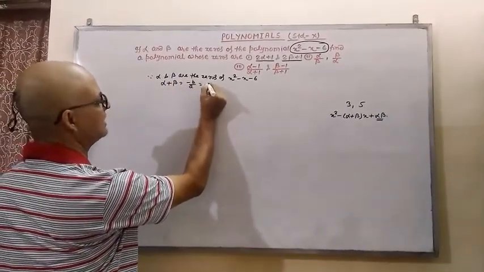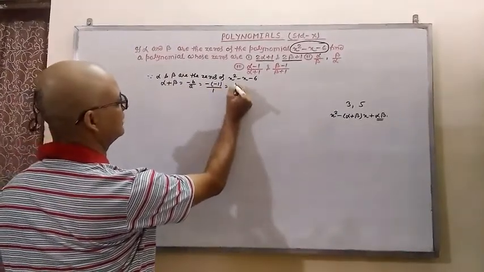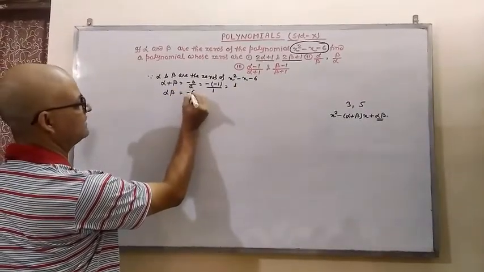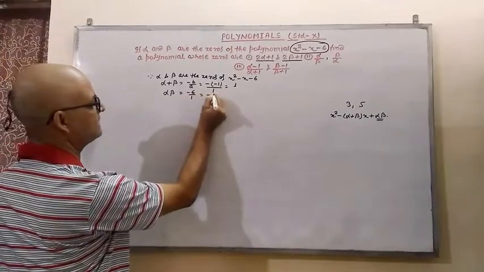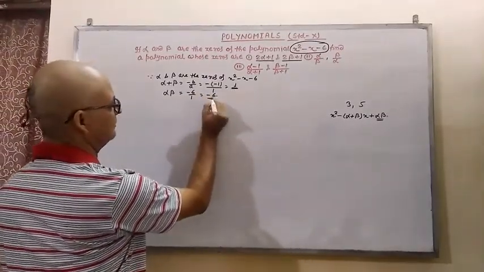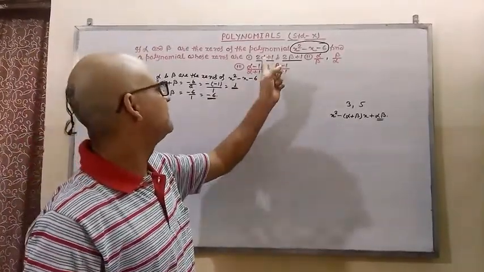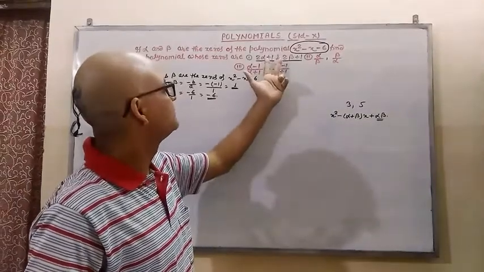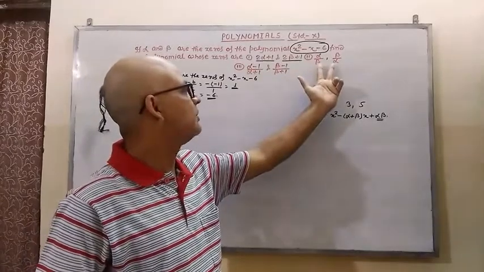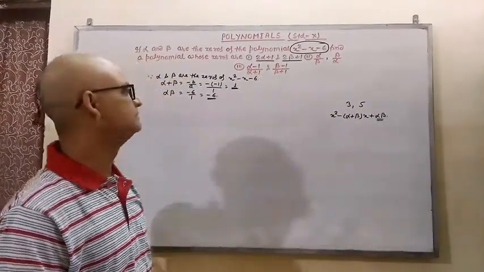So this can be written as minus of minus 1 by 1, so that is 1, and alpha beta is c by a, so minus 6 by 1, that is minus 6. Now these two values are available. By using these values, we will find the sum of zeros and product of zeros one by one. Similarly for the second question, and similarly for the third question also.